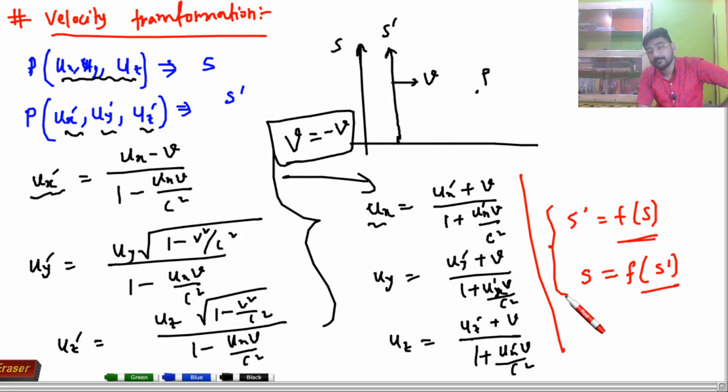So sometimes we will use this, sometimes we will use that. We will use the formula according to the problems. So the application of this formula is very important: how you apply it, which formula is suited for which problems. You have to practice lots of problems to understand this. So this is the velocity transformation formula.